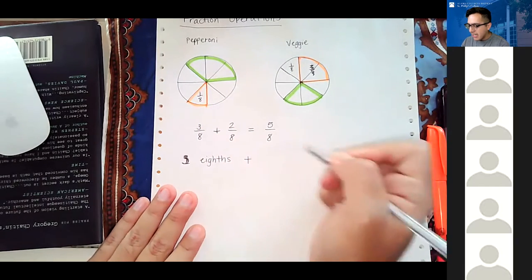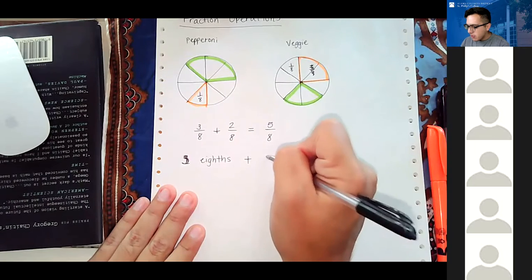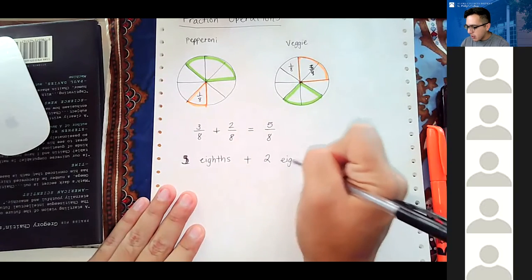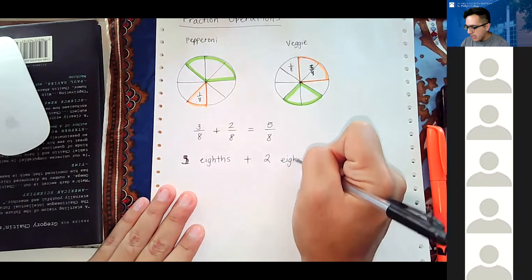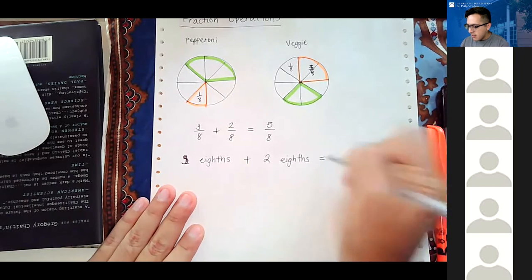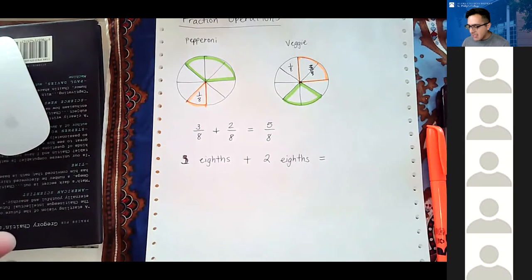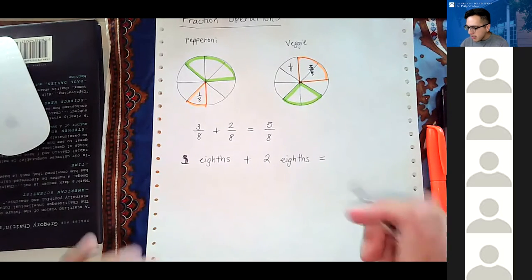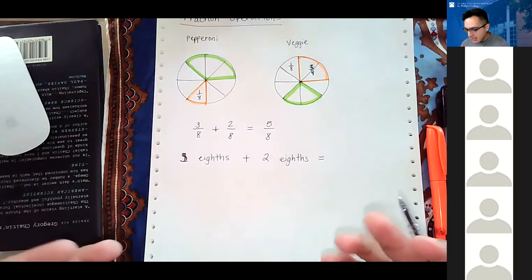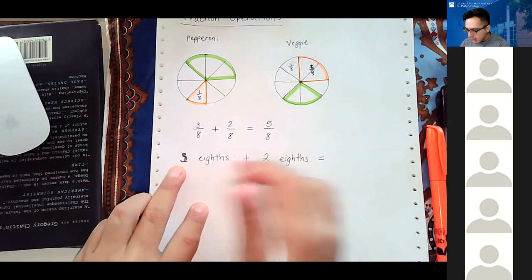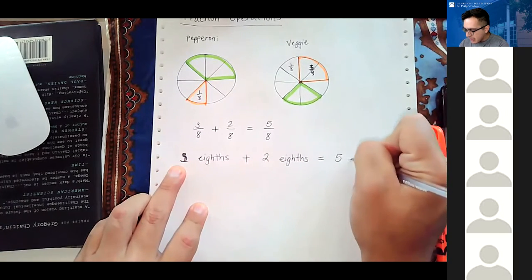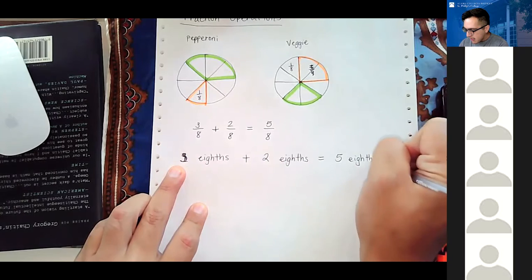And we're adding that to 2 of these objects that we're calling eighths. So if we have 3/8 plus 2/8, in the same way that if you had 3 apples and you added 2 apples, you should have 5 apples, right? So that's a way you could think about it linguistically. It just sort of is common sense here that we should have 5 of these things that we're calling eighths.